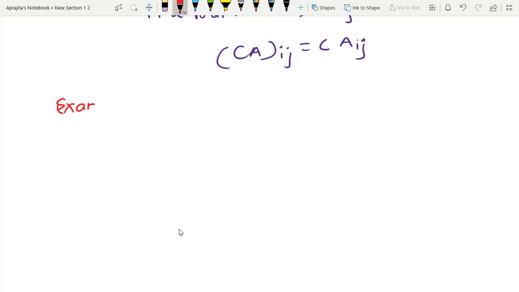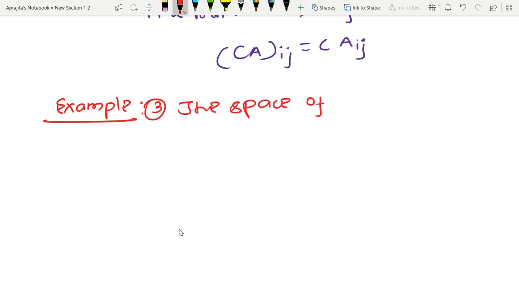So I am going to talk about the third example: the space of function from a set to a field.